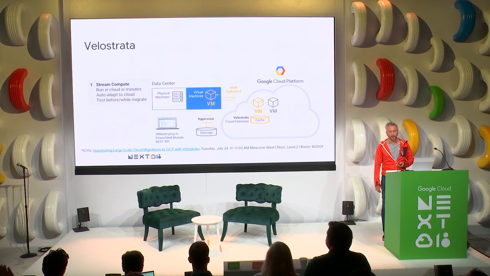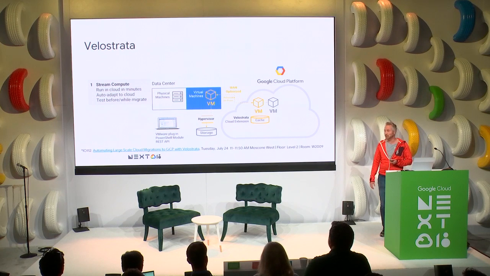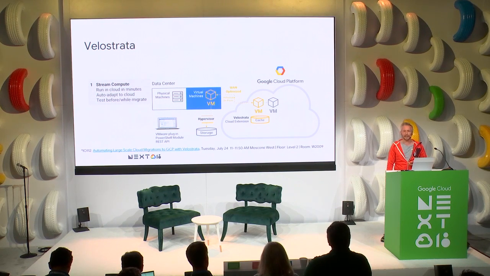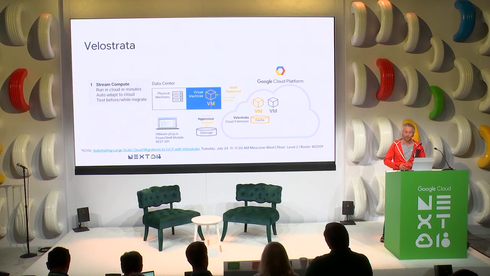VeloStrata is a solution that allows you to quickly move workloads into GCP. It takes an agentless approach and does some specific optimizations when moving data into the cloud. It takes a streaming approach and performs a native boot over the wide area network of on-premise operating systems.